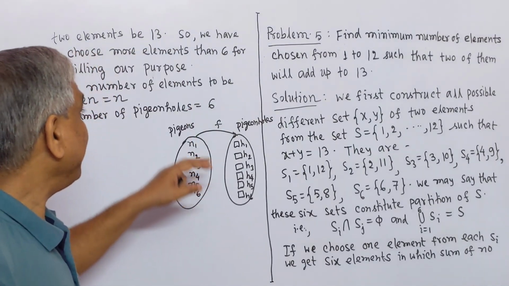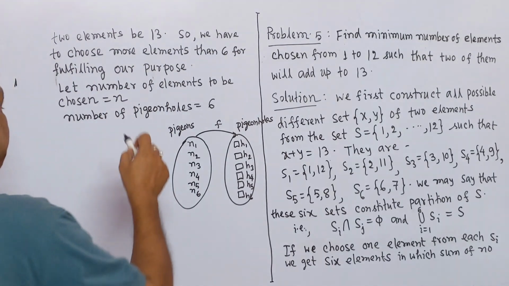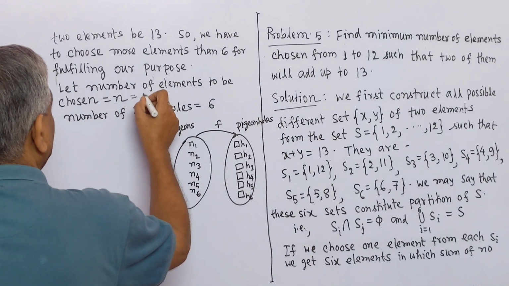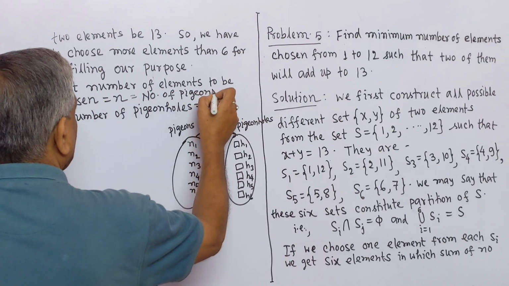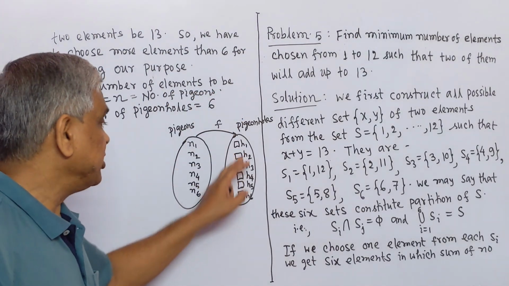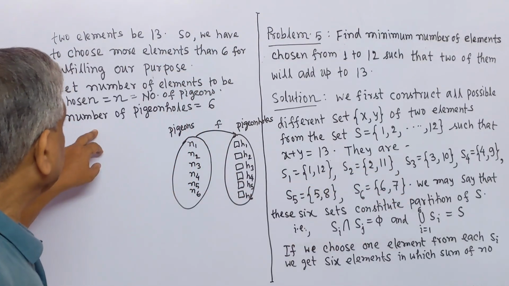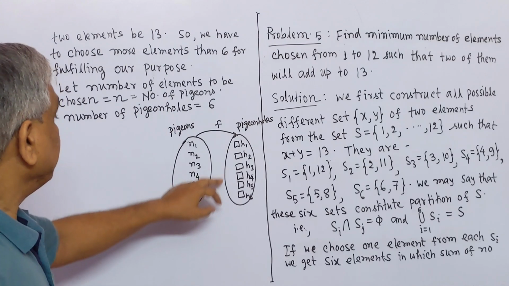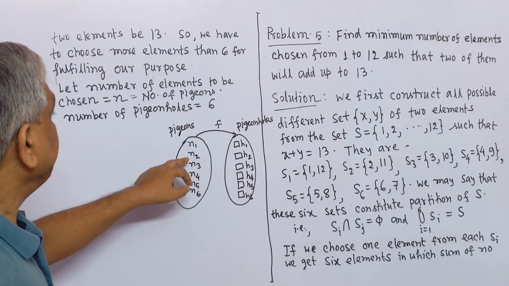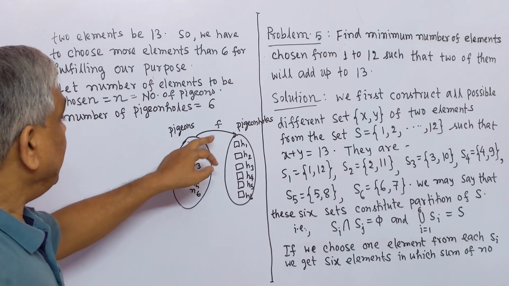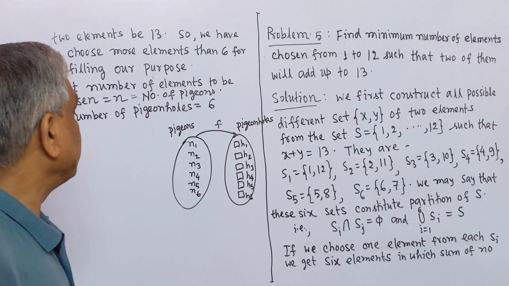Let number of elements to be chosen equal to n. This may be treated as number of pigeons and number of pigeonholes be 6. Here we see that this set is set of pigeons, means numbers, and this set containing 6 pigeonholes.